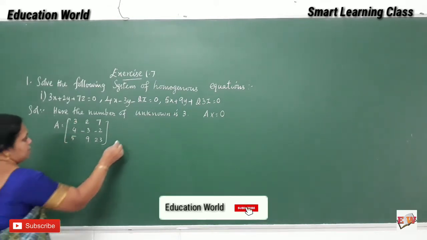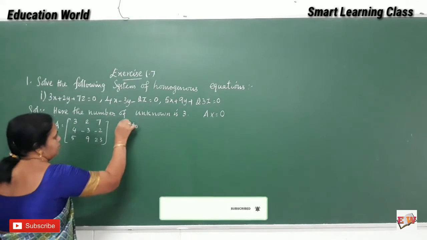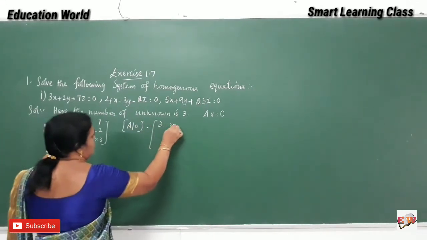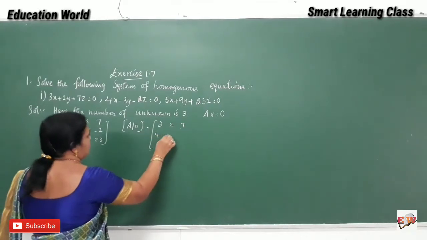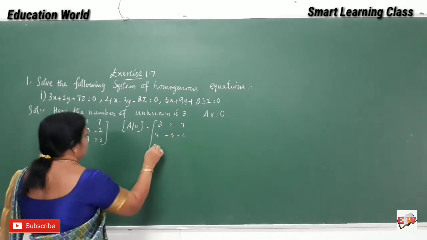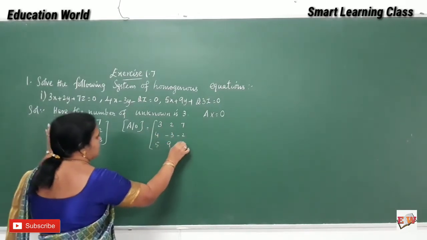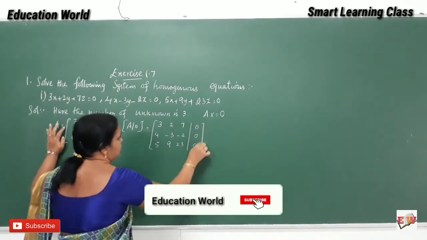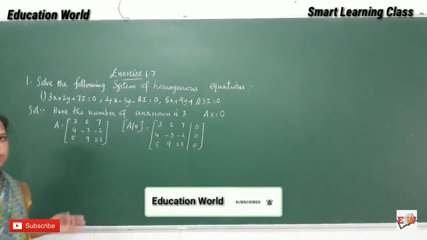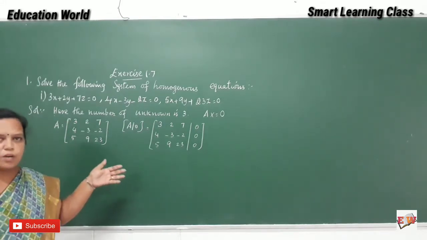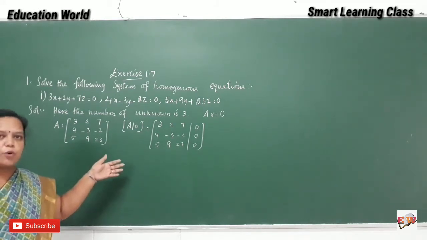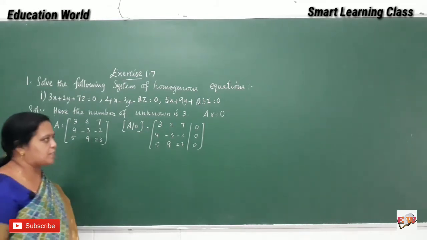First we have to write the augmented matrix: [3, 2, 7 | 0; 4, -3, -2 | 0; 5, 9, 23 | 0]. We have to transform this augmented matrix into row echelon form. For that we have to apply elementary row operations on this augmented matrix.